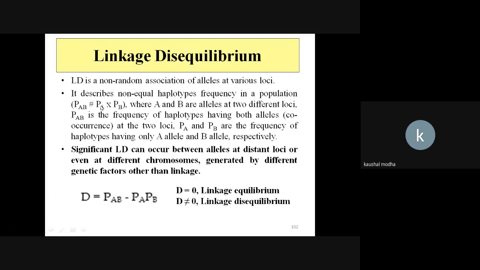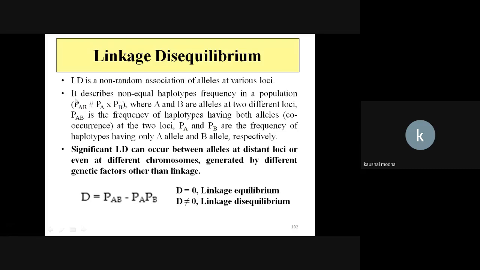This formula is very similar to the probability rule for independent events. When there are two events, if they are independent from each other, we multiply their individual probabilities. So if two events are independent, that means they are not associated. Here the two events are presence of A in the individual and presence of B in the same individual.